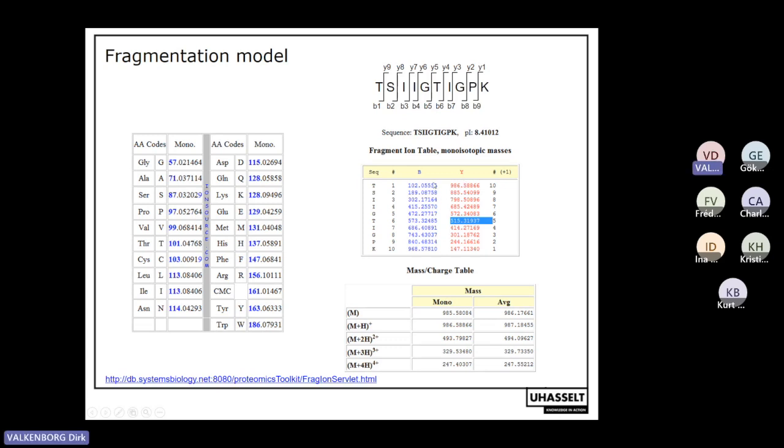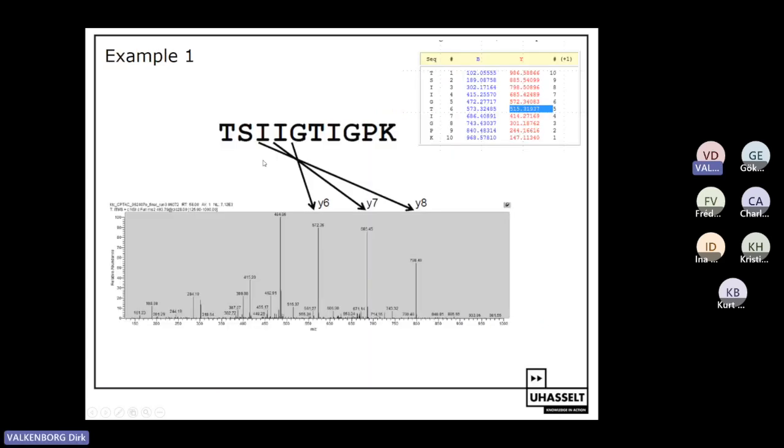And what we need to do now is take these masses and see if we find corresponding peaks in a certain spectrum. So in this spectrum, we will see a Y6, Y7, and a Y8 ion corresponding to this peptide.